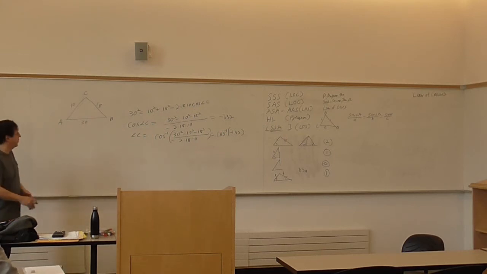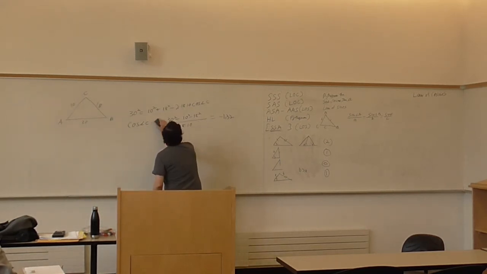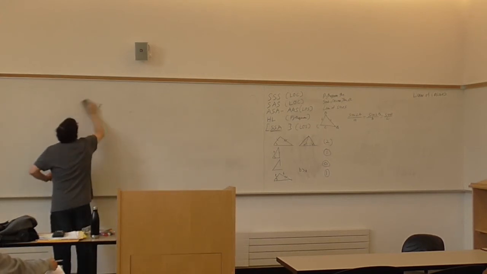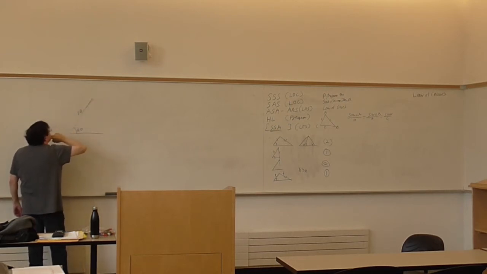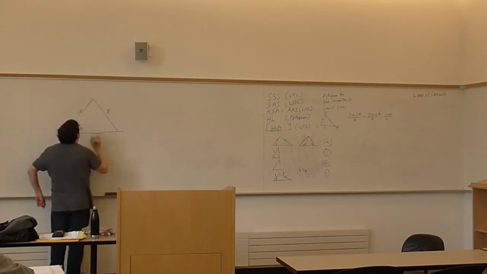Let's do one more of these, where we're pretty much expecting trouble. The triangle has a 60-degree angle. This side is 10, and this other side, I guess I'm drawing it a little funny here, is 8.